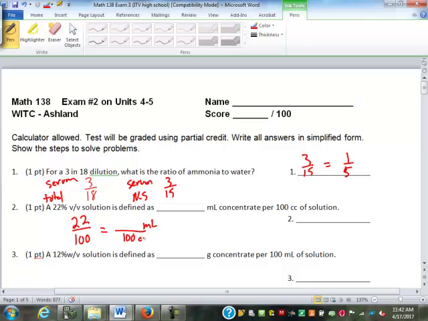They're giving us 100 cubic centimeters. Well, a cc is a cubic centimeter, and 1 cubic centimeter is equivalent to 1 milliliter. So this is just 100 milliliters on bottom. Cross multiply and divide. 22 times 100 divided by 100 is simply 22. So that would be 22 milliliters.